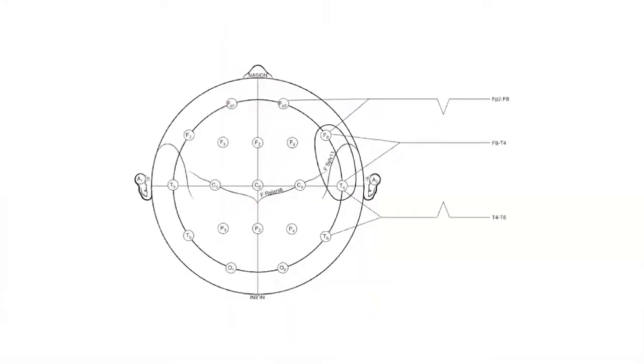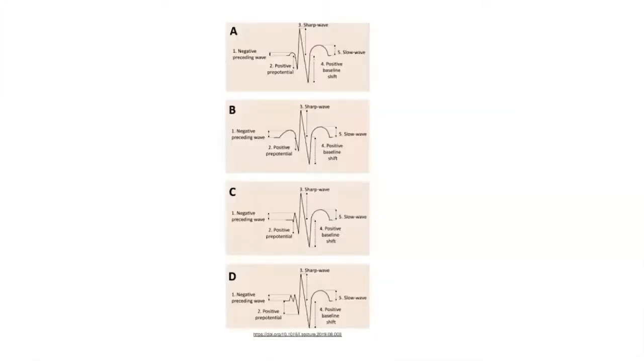But I'm going to point out, I'm sorry to go back a slide, the three phases that are important to keep in mind going forward are the sharp upward slope, the sharp downward slope, and the rounded after slope. And so we think about that as being part of the spike and then the slower wave. You may hear the term spike and slow wave related to epilepsy, and it's just this three-phase waveform. Next slide, please.